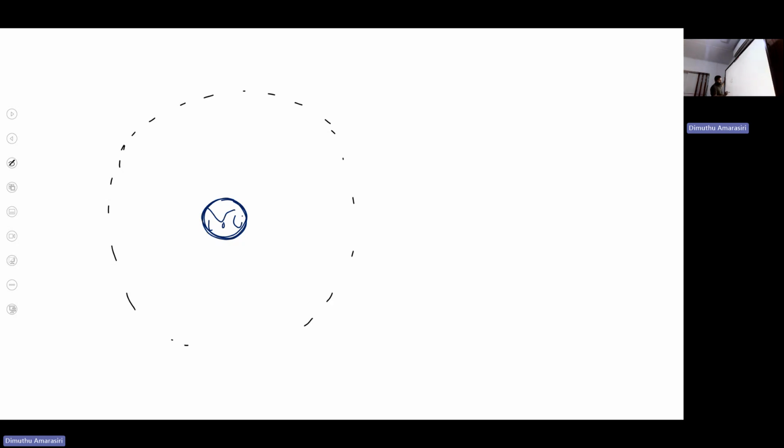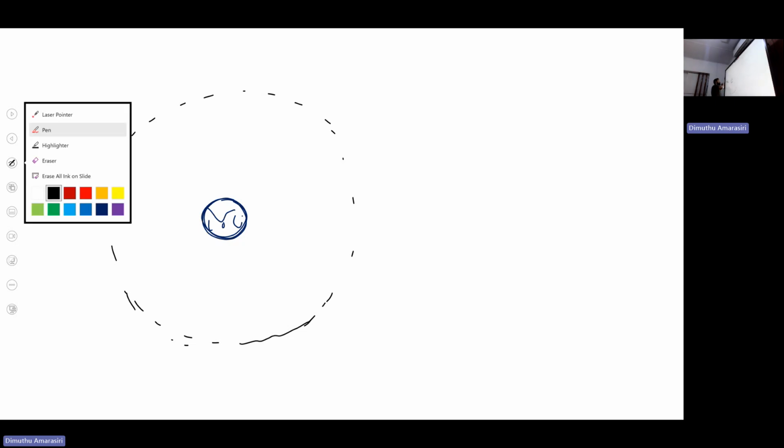Because of the earth's gravitational force, it can hold a huge amount of gas. Right? Okay, now what does the sun do? Here we have the sun. The sun is going to emit a lot of high energy waves like UV and visible waves.